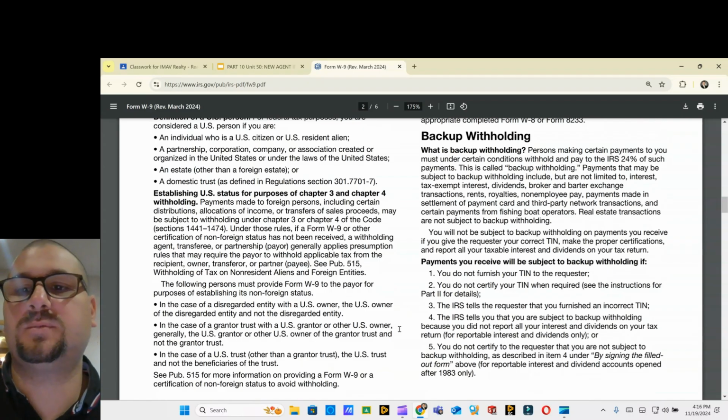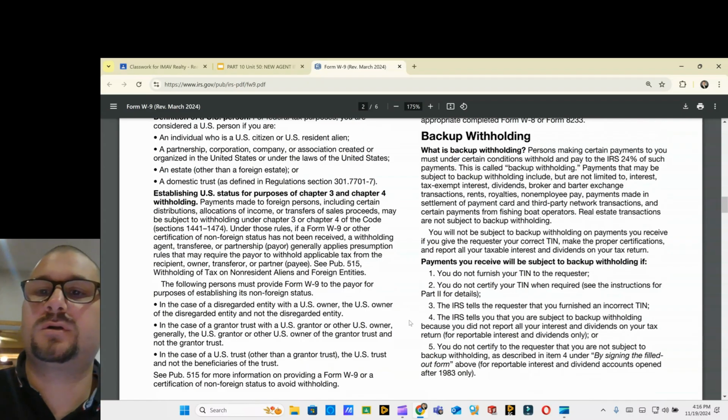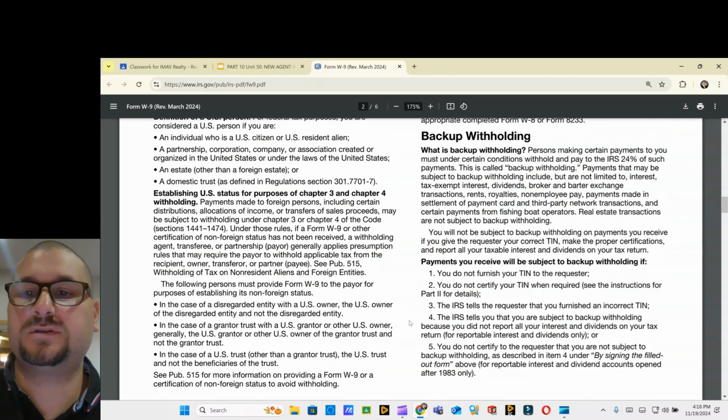This is called backup withholding. So payments that may be subject to backup withholding include, but are not limited to, interest, tax exempt interest, dividends, broker and barter exchange transactions, rents, royalties, non-employee pay. So that's backup withholding.